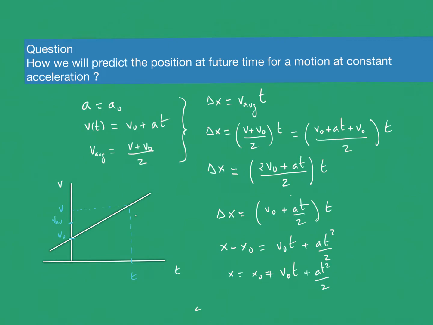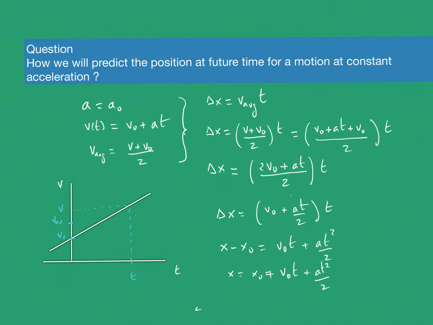So, the summary: every time that you have a motion with constant acceleration, the velocity is the initial velocity plus a times t, and the position changes with time in this form: x0 plus v0 times t plus at squared divided by 2.